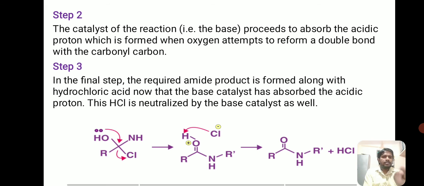You can observe this in the reaction mechanism. And in the third step, what happened? The required amide, or desired compound, is formed along with hydrochloric acid, that is elimination of HCl takes place. This HCl is neutralized by the base catalyst as well.